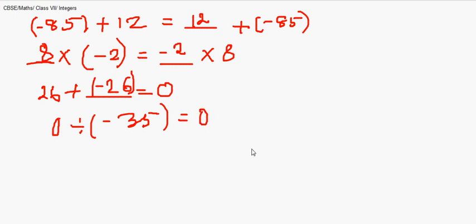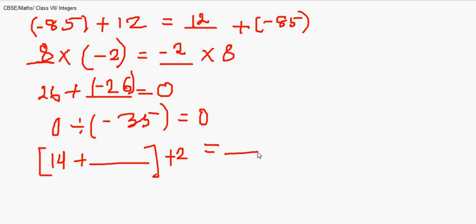One more thing is on the associative property. Suppose it is 14 plus blank, the bracket ends here, plus 2 is equal to dash plus minus 7 plus 2.